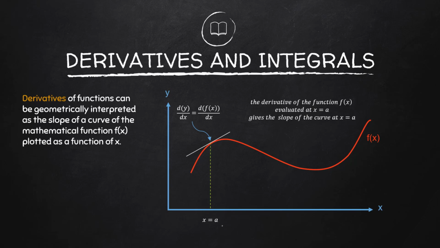In this case, x is equal to a. The derivative of the function is evaluated at x is equal to a, and by that, we already have the slope of the curve. So that is the geometrical use of the derivatives of functions.